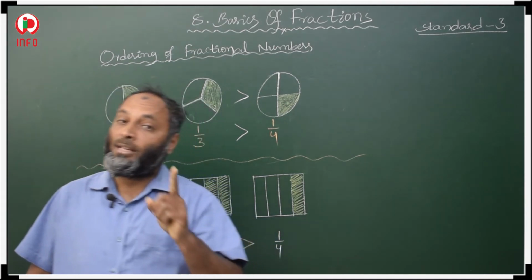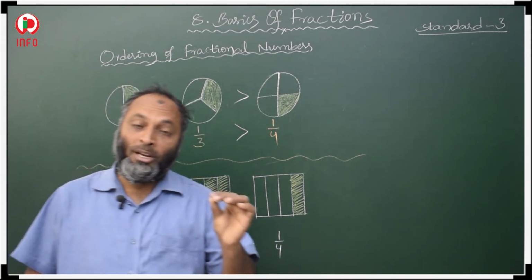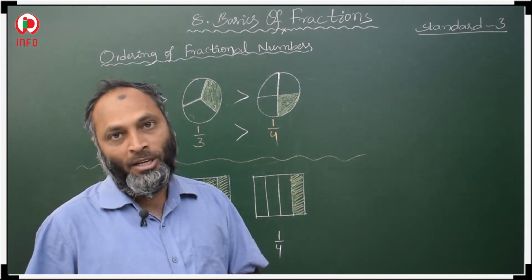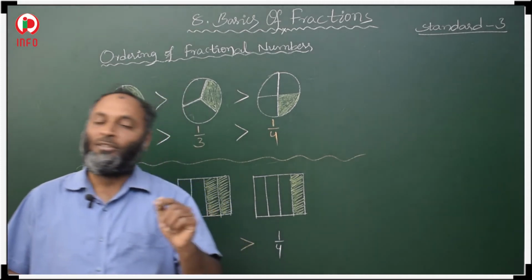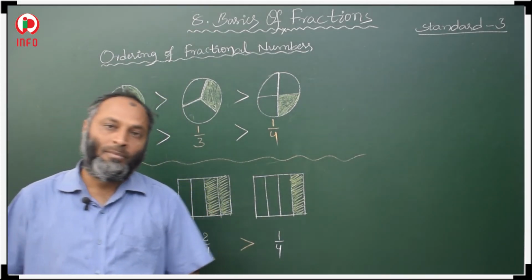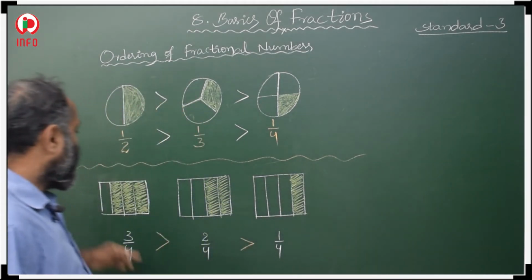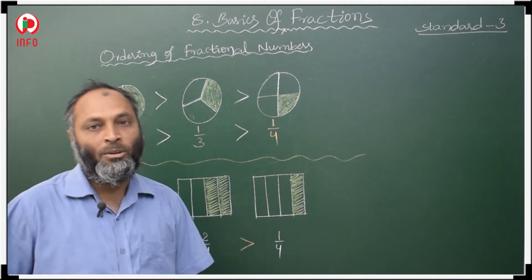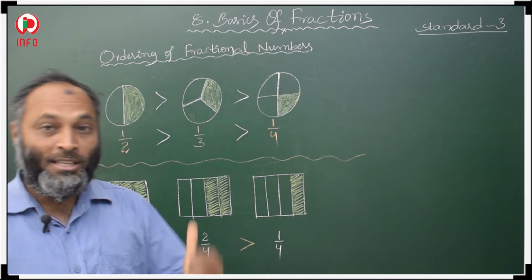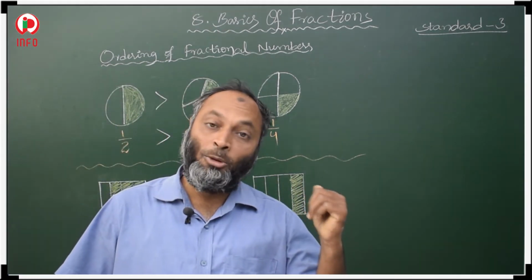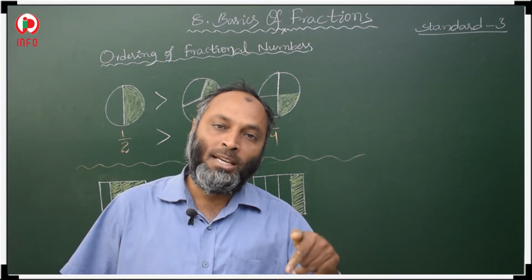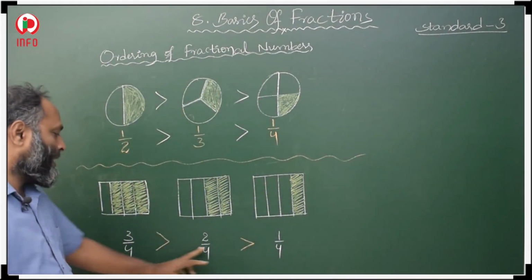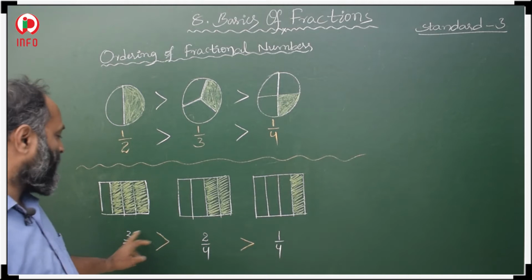When numerators are the same, we have to check denominators. In the denominator, the smaller one gives the bigger fraction. The second case: here 4, 4, 4, denominators are the same. In the first case numerators are the same, but in the second question denominators are the same. When denominators are the same, we have to check numerators 3, 2, 1.